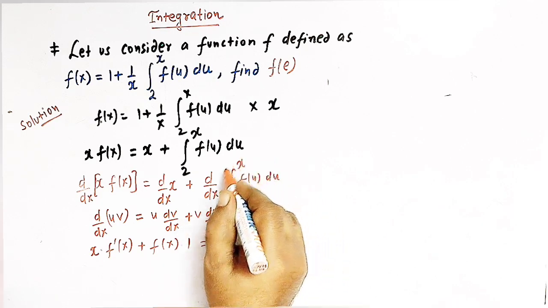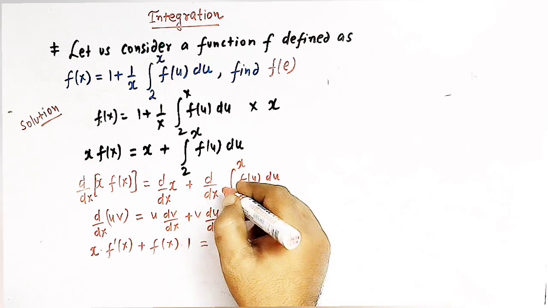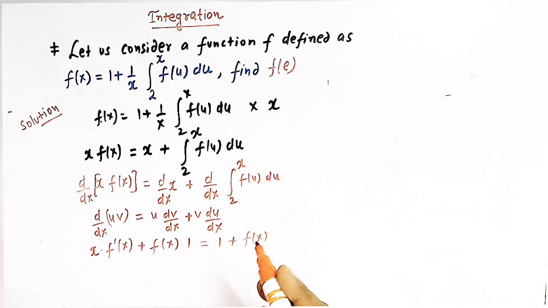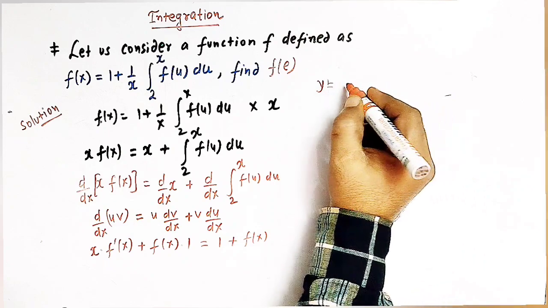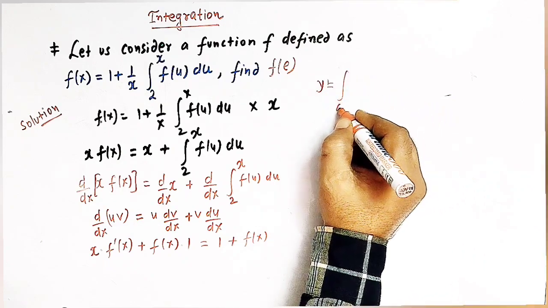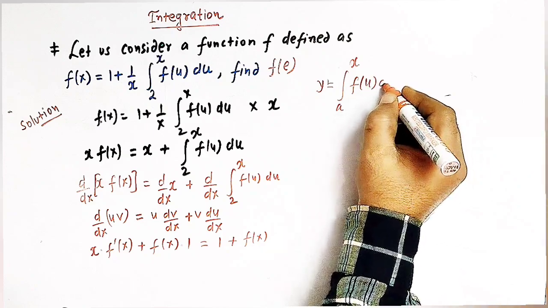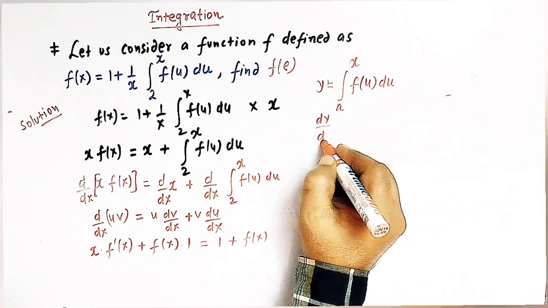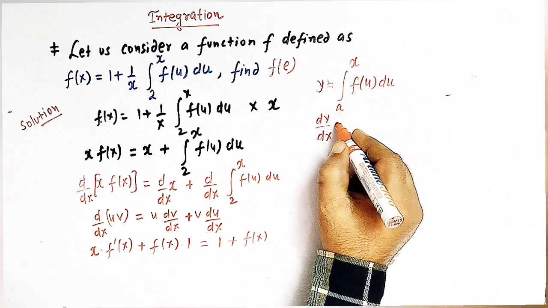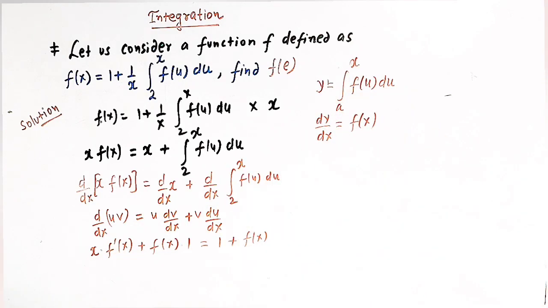the derivative of this integral is simply f of x, because here we can make use of an important property from definite integrals, that is, if we have y is equal to the integral a to x, say f of u du, then the derivative of y with respect to x is given by simply f of x, right?